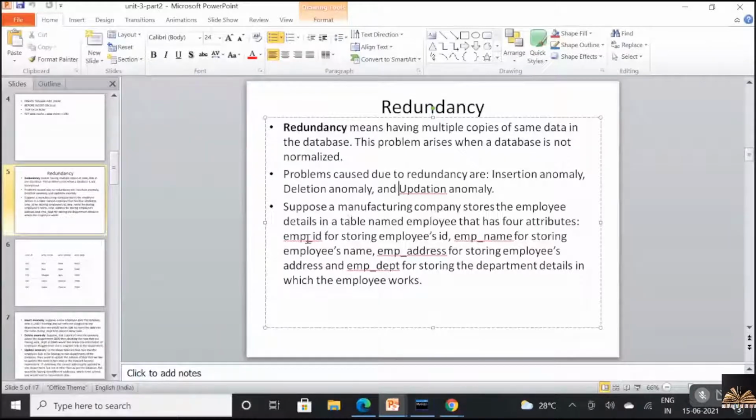The first one is employee ID, the second is employee name, the third is employee address, and the fourth is employee department.